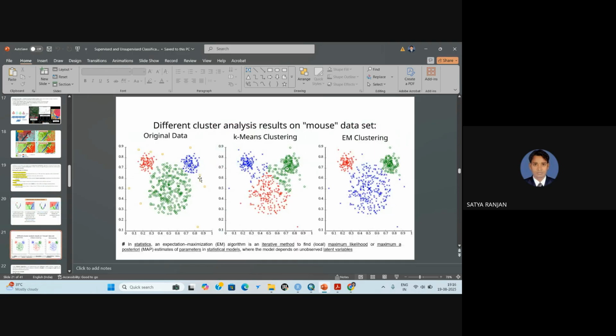This is the original image for the unsupervised classification, the original image of categories of pixels. Then with k-means clustering, it also categorizes some other parts of these areas. So this is the error, based on the original image.